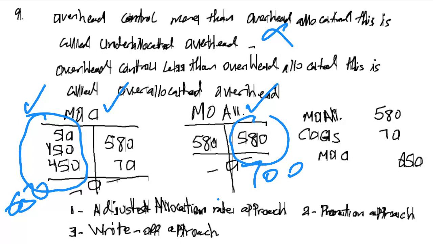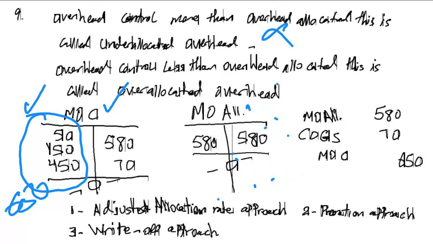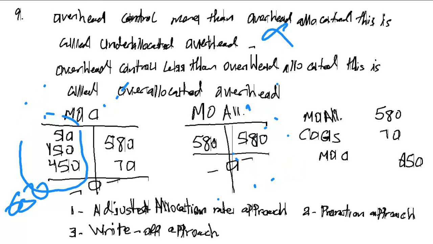But in this case, we are at this point under allocated. So let me just maybe erase those. Okay, so we are case number one and we are under allocated.